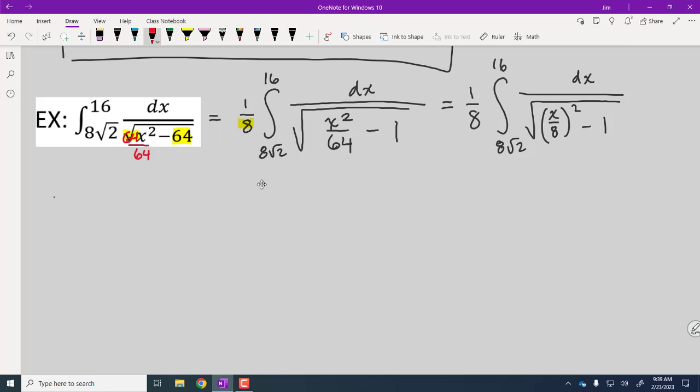If we're going to let x divided by 8 be secant of theta, and we can make any substitution we want. The question is, is it going to be effective or not? And so if we want to make this substitution, we can do it. We just have to make sure that we replace all the x's and all the dx's with thetas and d thetas.